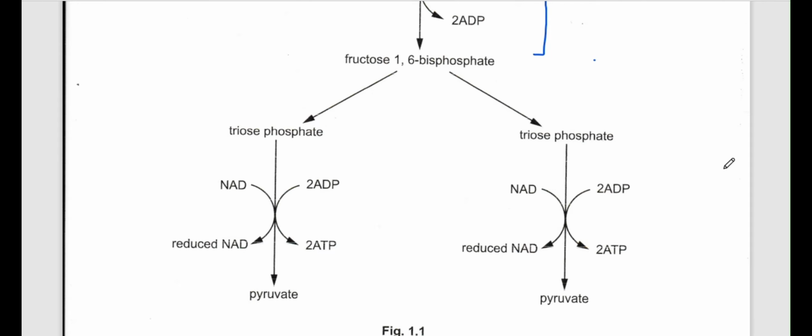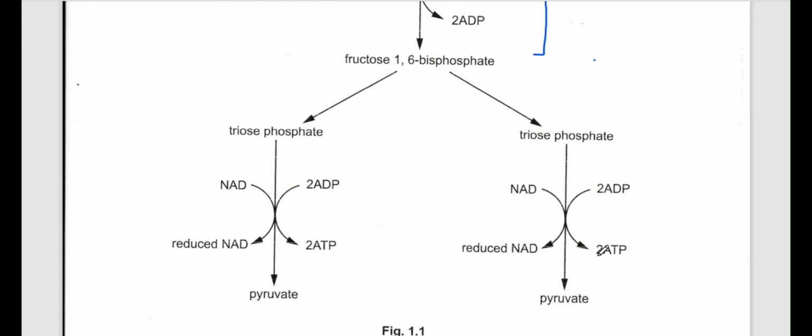And then there are certain steps which are omitted because as such the discussion was not needed. So each triose phosphate is been converted into pyruvic acid or pyruvate ultimately, and you can see over here that 2 ADP, adenosine diphosphate molecules have been converted into 2 ATP molecules, adenosine triphosphate.